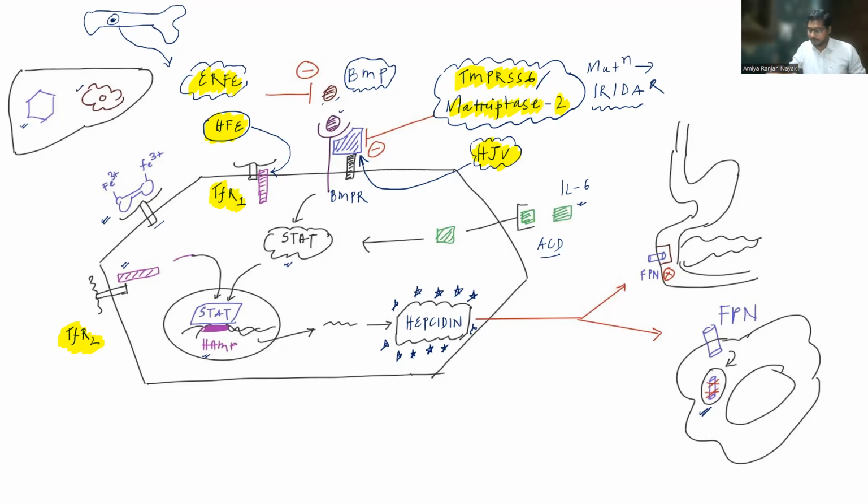Now, I just want to discuss one more important concept. Can you tell me what is going to happen whenever there is a transferrin receptor 2 or HFE mutation? Okay, let's just see.